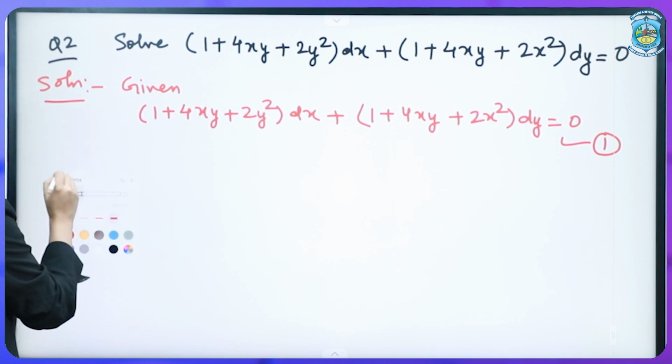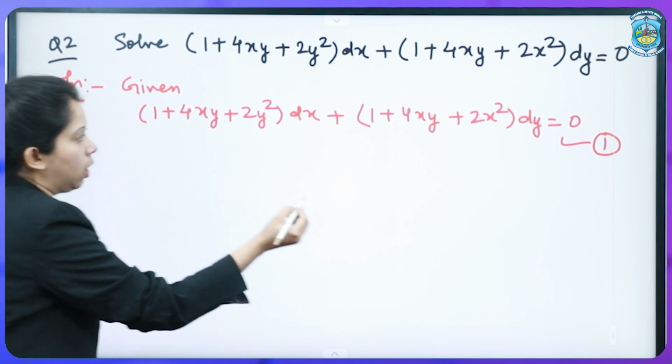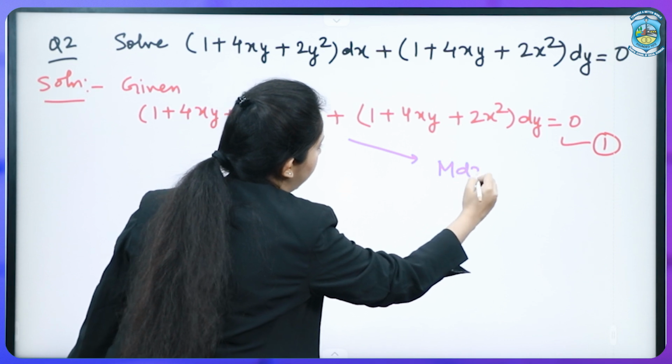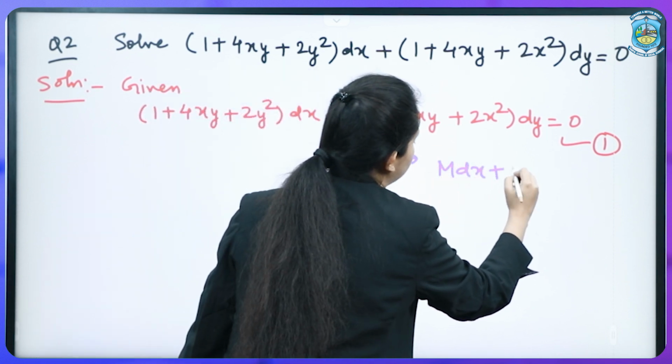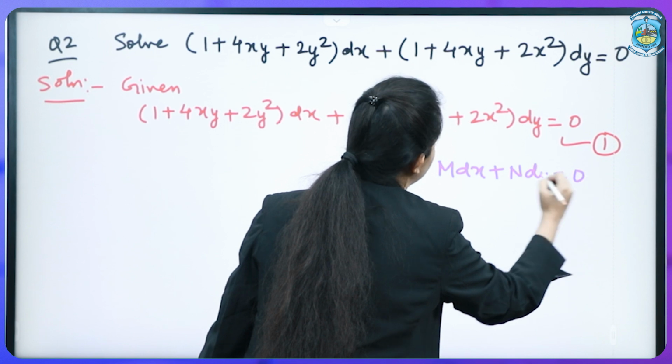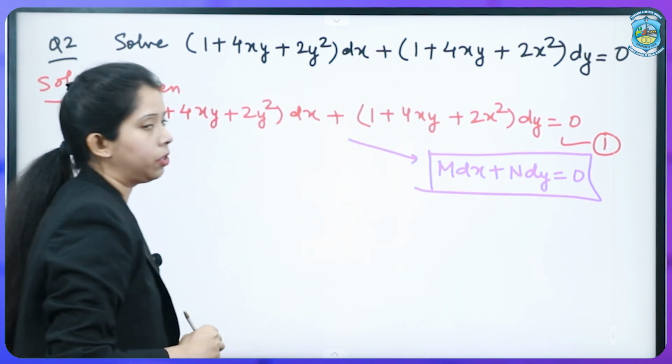The next step is to compare the given differential equation with the standard exact differential equation, M dx plus N dy is equal to 0. This is the standard exact differential equation.